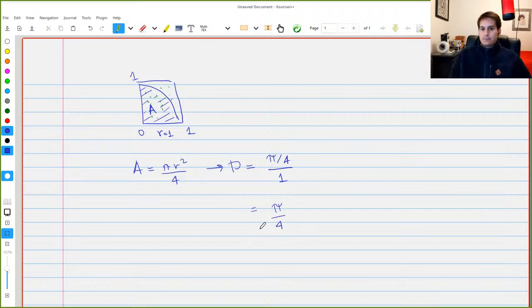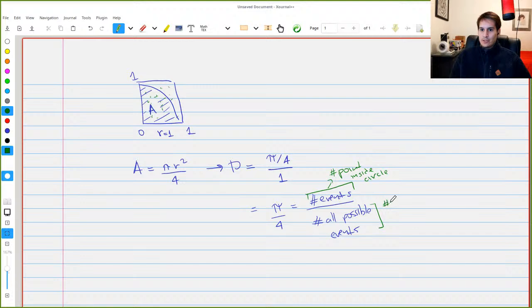And therefore the probability is pi over 4. And let's remember, this is the number of events divided by the number of all possible events. So basically this can be approximated as the number of points inside the circle, and this can be approximated as the number of all points.